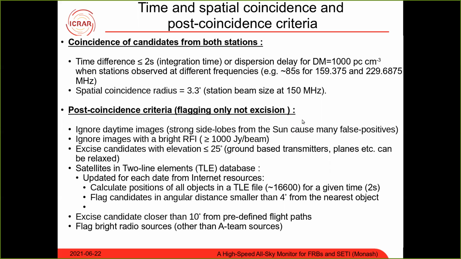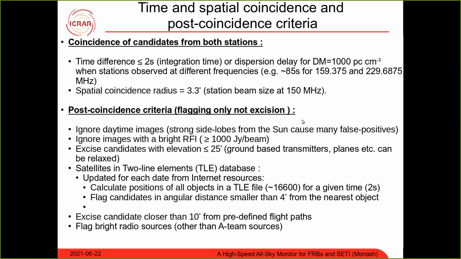So after this, I had a list of transient candidates, and unfortunately, some of them would still be due to radio frequency interference, or RFI. Especially at low elevations, we can see ground-based transmitters blinking on the horizon, and therefore we exclude anything that happened at elevations below 20 degrees.